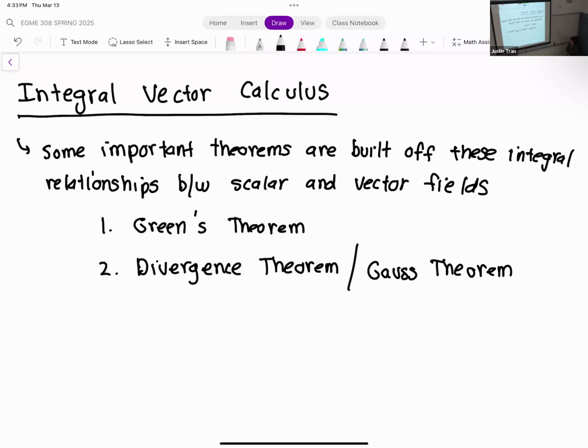Those first two are really interesting because they show you equivalence relationships, a way to transform one type of integral into another type of integral, which is useful because oftentimes one type of integral is easier to compute than the other. So I often call these two theorems the integral transform theorems, because we're going to be using them to transform between two different types of integrals.